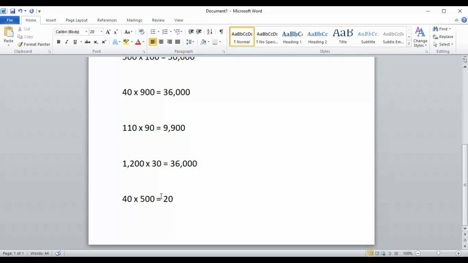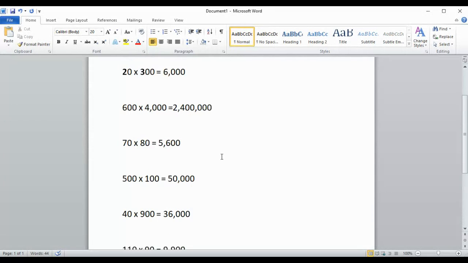So 4 times 5 is 20, then 3 zeros, and finally add in our comma for 20,000. You might come across a problem like that, where the initial answer has a 0, but don't let it fool you into not counting one of the zeros over here.